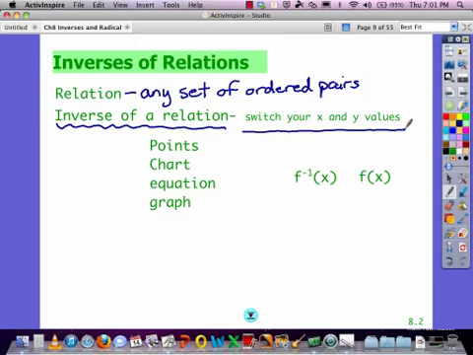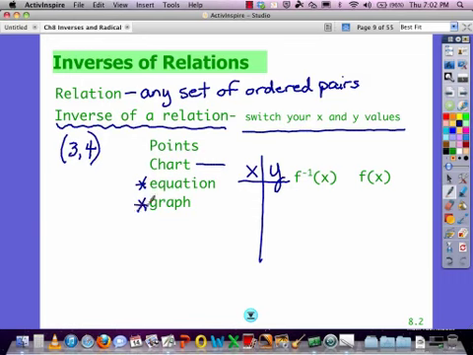So we should be able to do it with a point. If I had a chart, like an XY table off of your calculator, or if I had an equation, we want to talk about how you would handle an equation. We're going to do all of these today. And then, how do you also find an inverse of a graph? So let's start with just some points, and then we'll review.